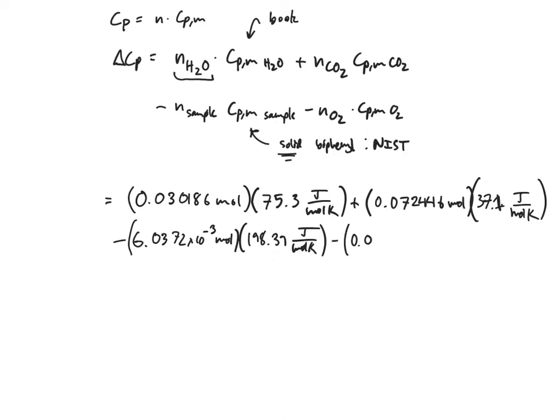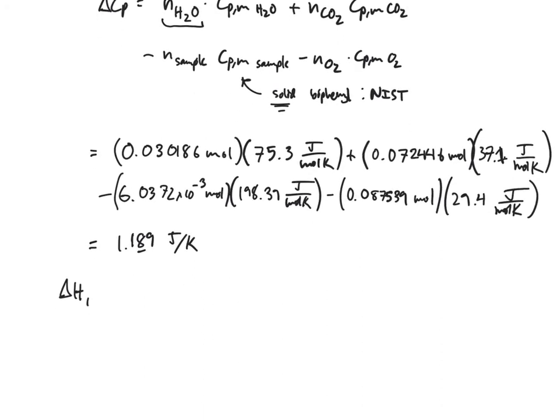Last, oxygen, 0.087539 moles. And I looked up 29.4 joules per mole Kelvin for oxygen gas. And then when I add this all together, I get merely 1.189 joules per Kelvin. That's my delta Cp.